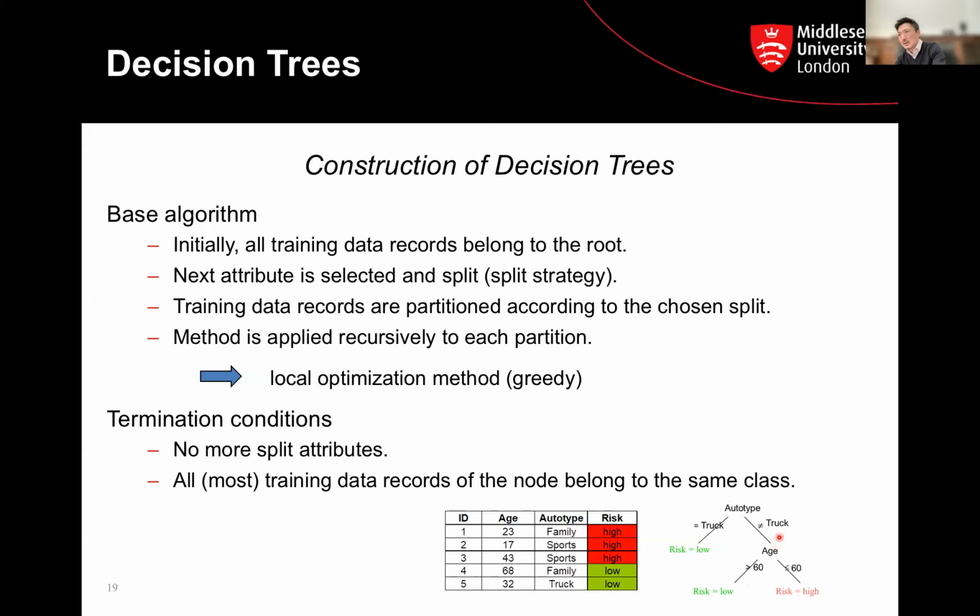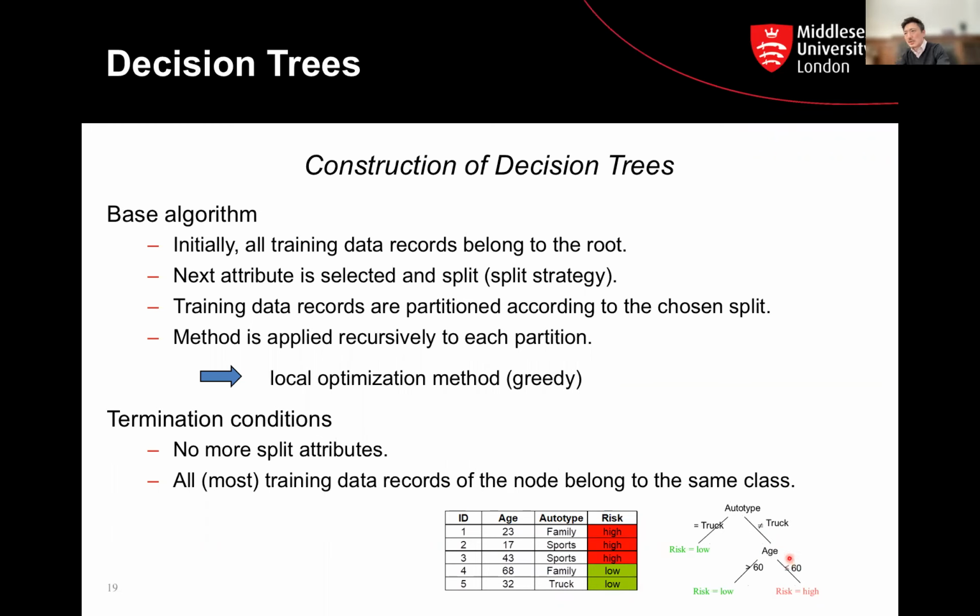And on the other side, when it's not equal to truck, that's these top 4, they don't belong to the same class yet, so you need to split further. In this case, you can't use auto type anymore.